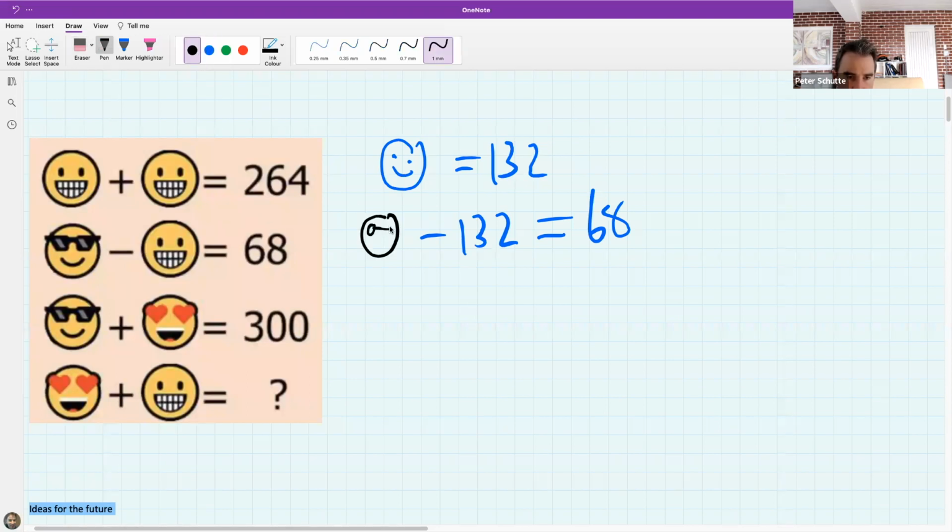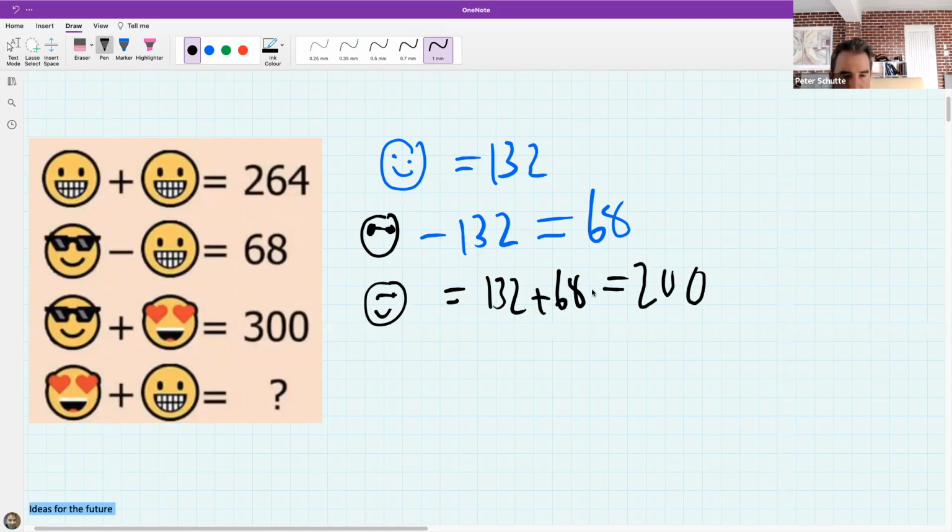Can I draw sunglasses? I don't know. I'll try. Well, if I add 132 to both sides, whatever the sunglass face is going to be, 132 plus 68, which is going to be 200.